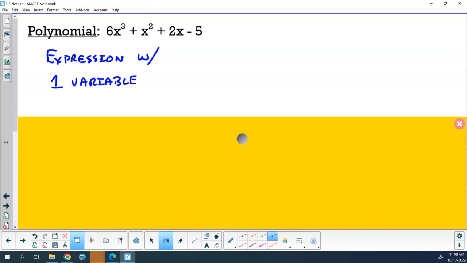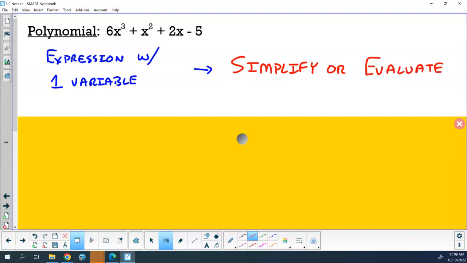Now, the only thing that you can do with a polynomial, just a polynomial, is you can simplify it or you can evaluate it. Meaning, you can say, what's the value of this polynomial if x were equal to 5?